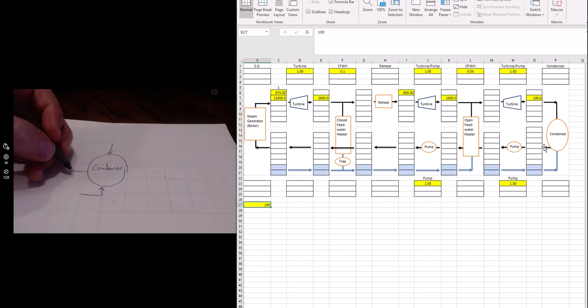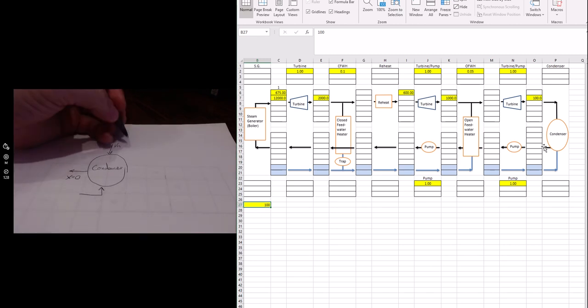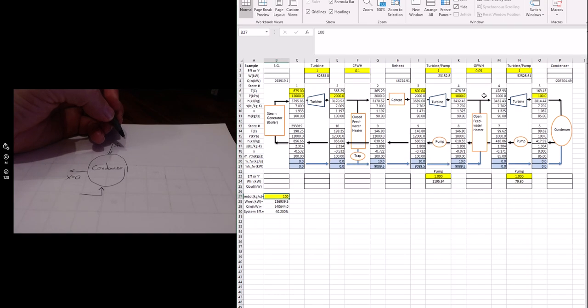And what we know is that the exit always is saturated liquid. So we know what the state of that is. We know this mass flow rate and this enthalpy, and I'll call it state, let's see, I can't see the top there what state it is, but let me go to the example. So it's state 5, m dot 5, H5.